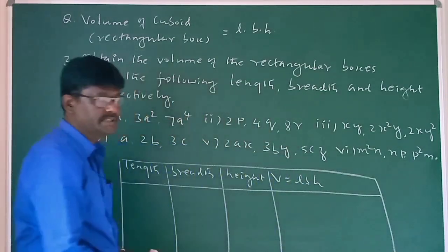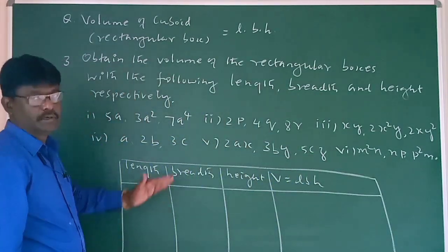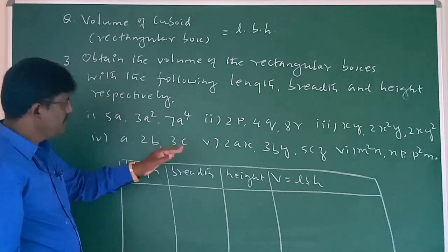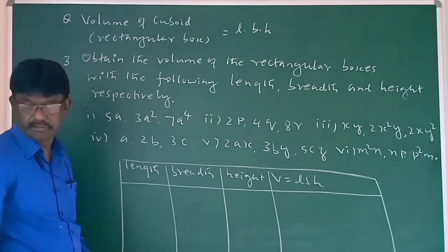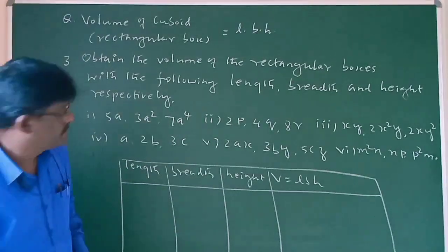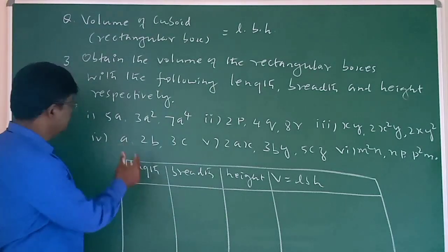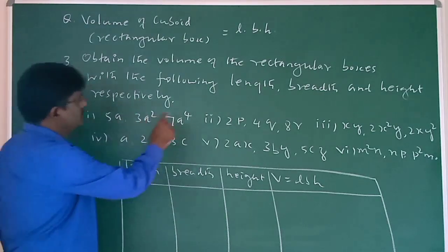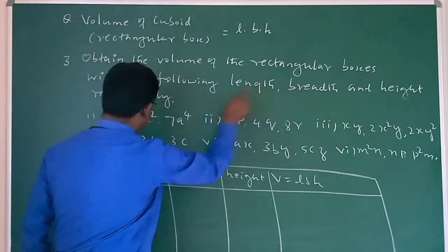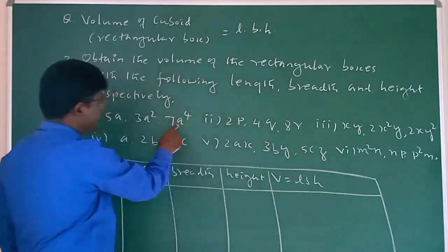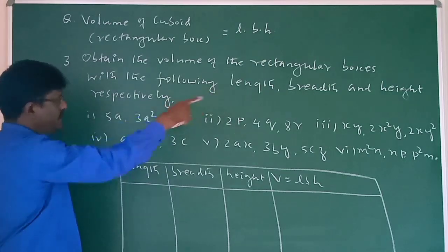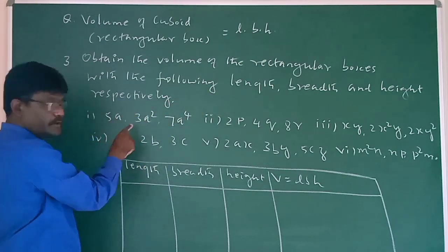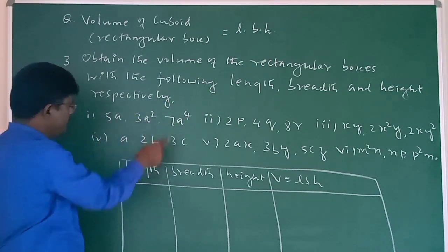The main thing here is you are expected to find the product of the given algebraic terms, that is, two monomials. Okay, let us take the first one. Here respectively means first is length, second is breadth, third is height. That's how we have to take length, breadth, and height.